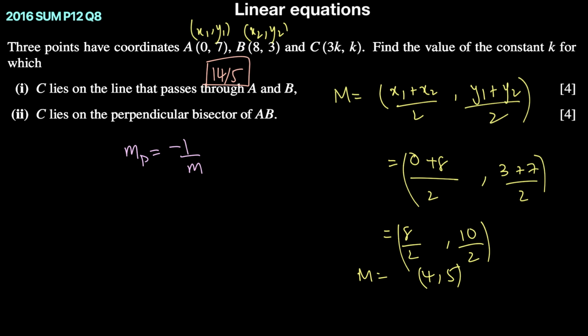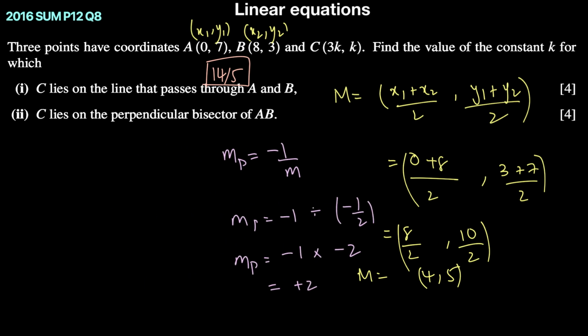That's minus 1/2. So the slope of the perpendicular line will be minus 1 divided by minus 1 over 2. That's minus 1 times minus 2, which comes out to positive 2. So that's the slope of this perpendicular line.